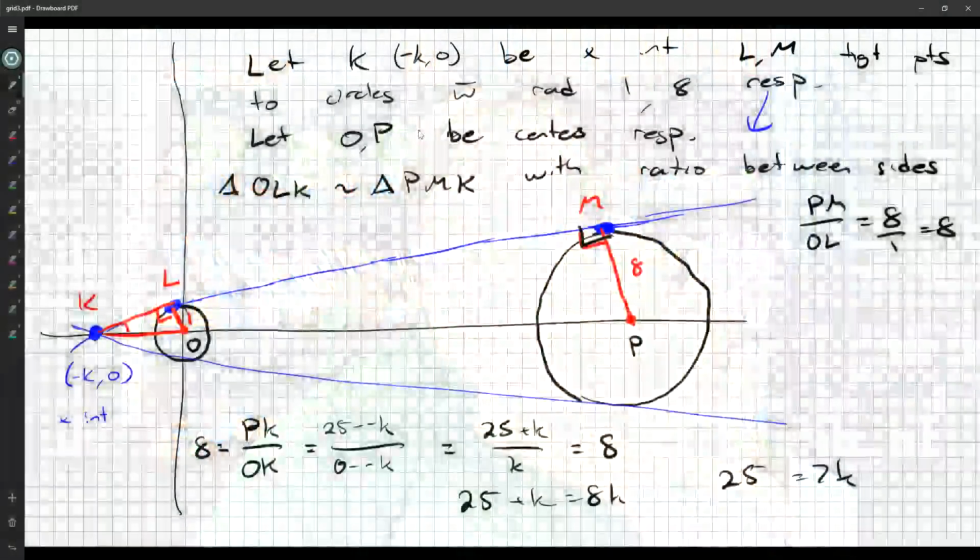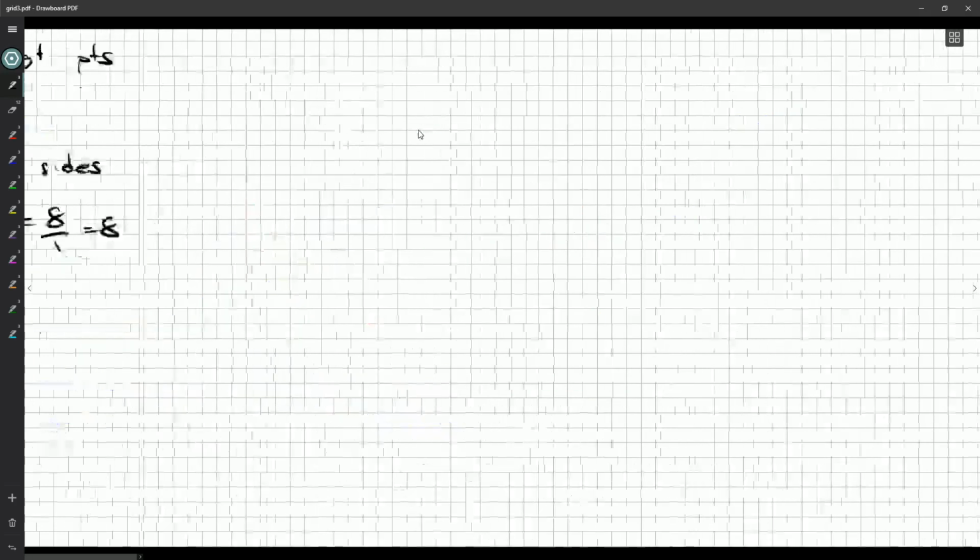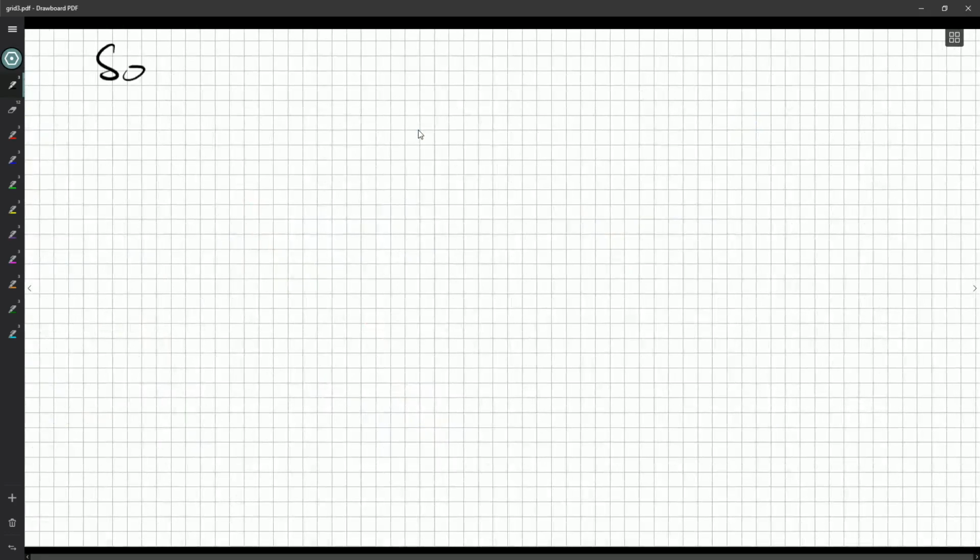I'm immediately thinking there's a 24 hidden in here. That's the experience you get by being comfortable with Pythagorean triples, and so I'm passing that on to you. So this immediately tells me that k is going to be 25 over 7. So the x-intercept is at (negative 25 over 7, 0).